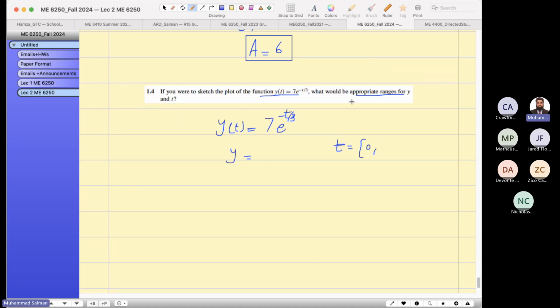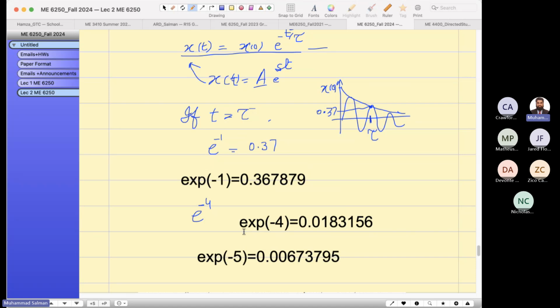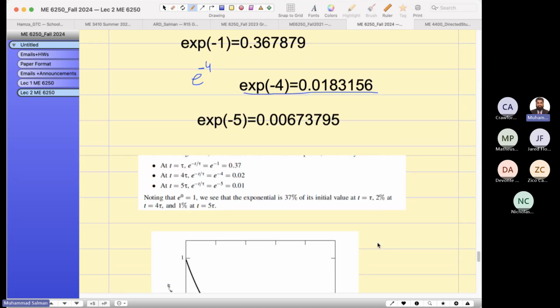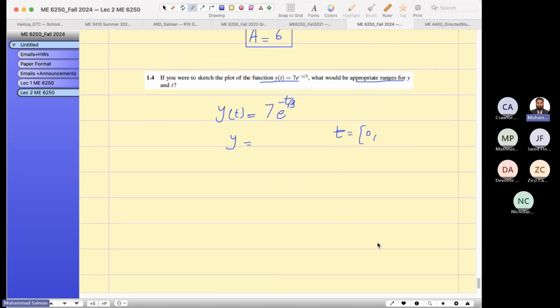We are interested in 4 times the time constant. As I mentioned, we don't keep waiting until 5 times the time constant. We just analyze how much time our system takes to decay to about 2%.